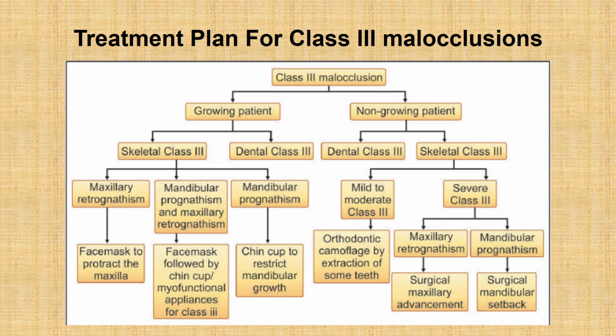Now, in a non-growing patient, we don't have the luxury of growth modification since growth has ceased. So, in severe skeletal cases, we will need to resort to surgical correction, whereby if the maxilla is at fault, the maxilla is surgically advanced, and if the mandible is at fault, then the mandible is surgically set back. In non-growing patients with mild to moderate class 3 bases, orthodontic camouflage can be carried out with extraction of teeth.